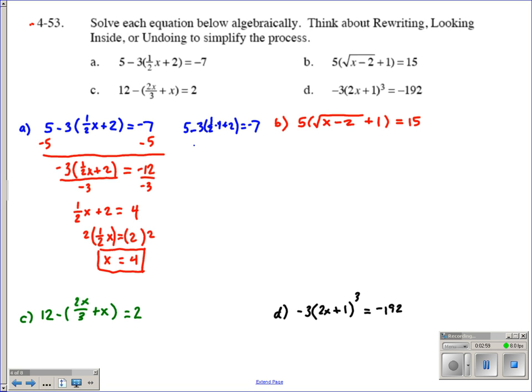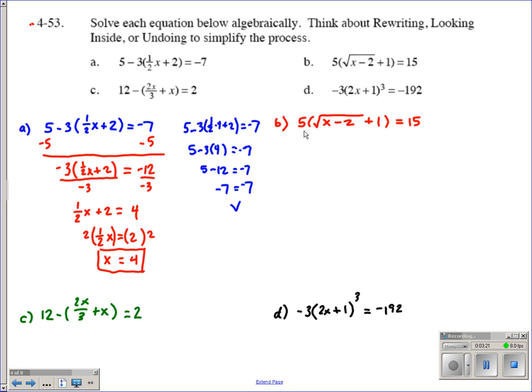So we have 5 minus 3 times 4 equals -7. -3 times 4 is -12, so 5 minus 12 equals -7, and when 5 minus 12 does equal -7, we know we are correct.